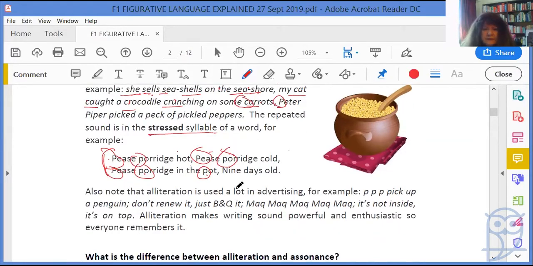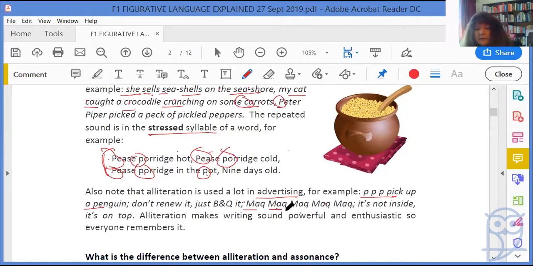Now, somewhere else alliteration is used a lot is in advertising. Every time you turn on the radio, TV, YouTube, anything nowadays, there is advertising. Pick up a penguin. You've got your P sound there. Don't renew it, just B and Q it. Okay? They're not always similar, but again, you can hear that sound. Mac, mac, mac, mac, mac.